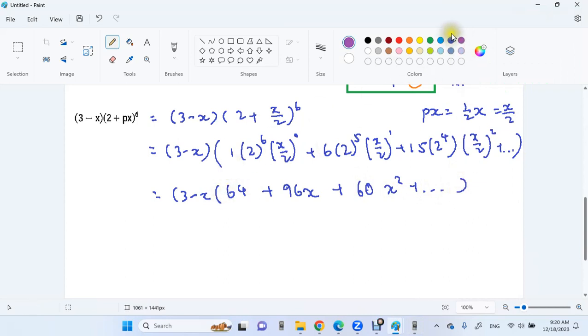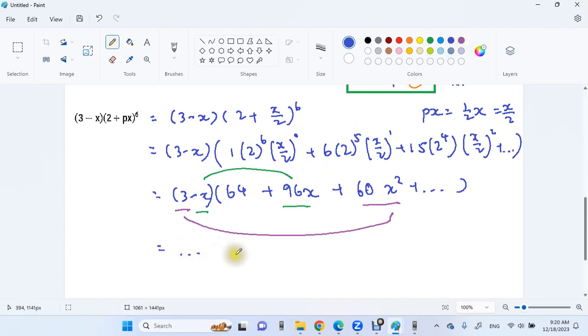So we want to find the coefficient of x squared. To find it, we use the 3 multiplied with this, which gives x squared. And we have the x multiplied with x, which will also give x squared. So what we will have is 180 x squared minus 96 x squared and so on.